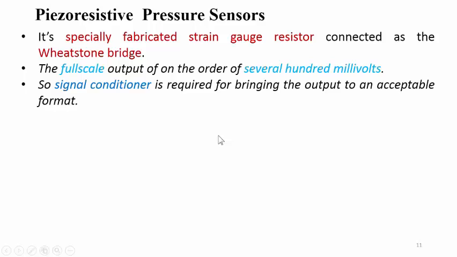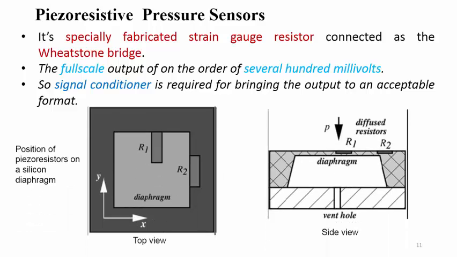The full scale output is on the order of several hundred millivolts, and due to this reason a signal conditioner is required for bringing the output to an acceptable format.